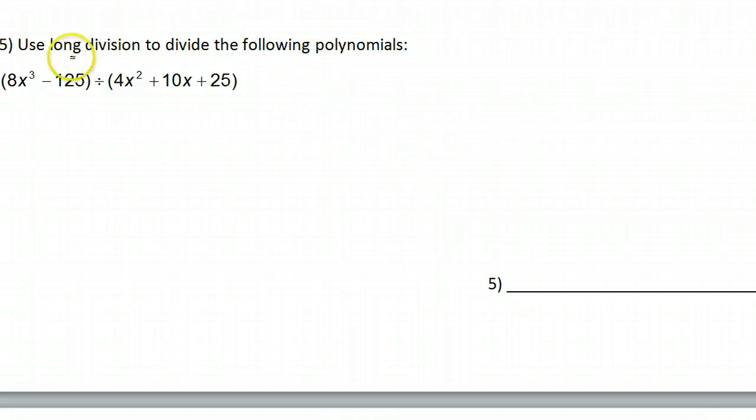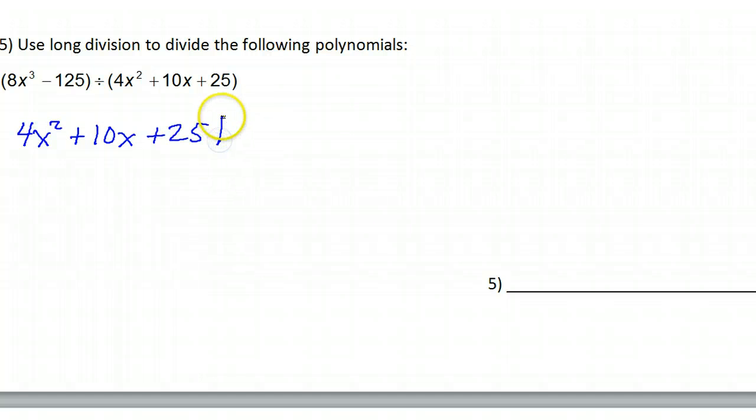Okay, use long division to divide the following polynomials. Alright, so this is supposed to be divided by that, so what we have to do is go 4x squared plus 10x plus 25, and that goes on the outside, you know what I mean? And then this goes on the inside, so I have 8x to the 3rd power.